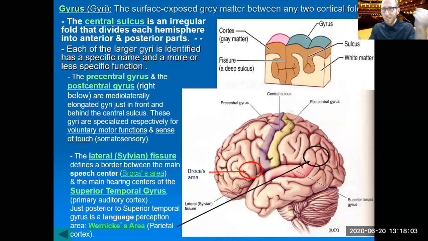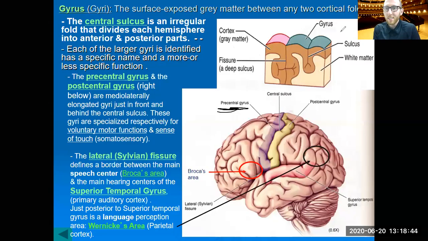So when you think about contracting your muscles or moving, it is initiated in that pre-central gyrus. Post-central gyrus, we're talking about somatosensory information. So again, sensory information traveling from your body up to your brain to be processed.